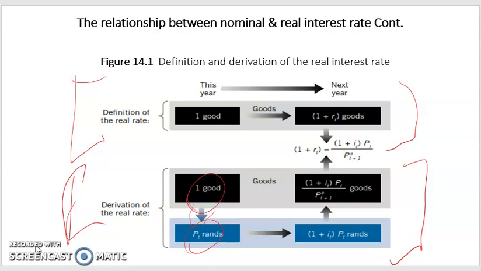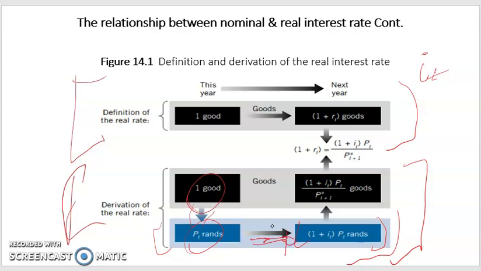If the interest rate is i_t, as we've been stating, then if you borrow P_t rand, you will have to pay 1 plus i_t times P_t rand next year. This is represented in the bottom part of our figure, emphasized by that arrow moving to that point.